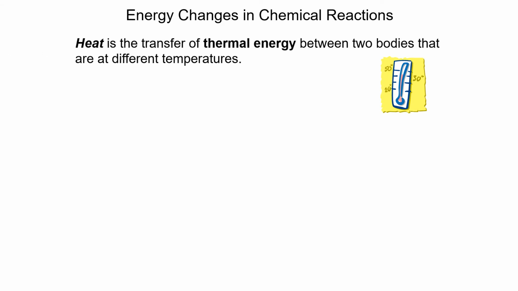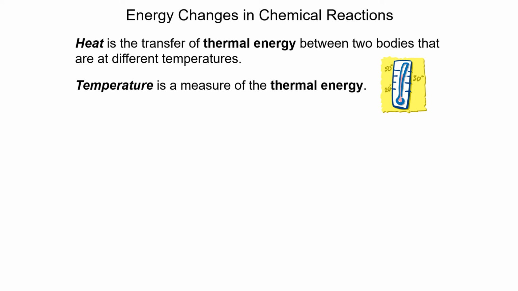So, heat is defined as the transfer of thermal energy between two bodies at different temperatures. Temperature is a measure of thermal energy. So in the lab, when we measure the temperature change in a reaction, we are measuring the transfer of thermal energy. But that doesn't mean temperature equals thermal energy.